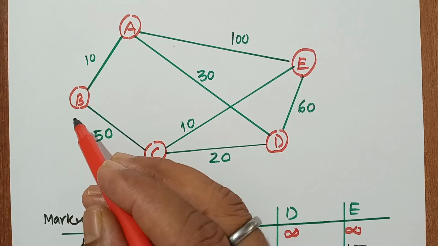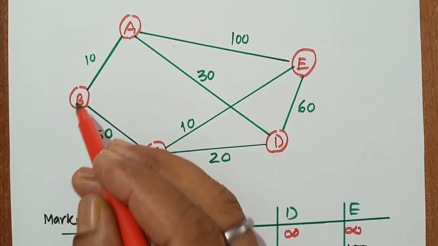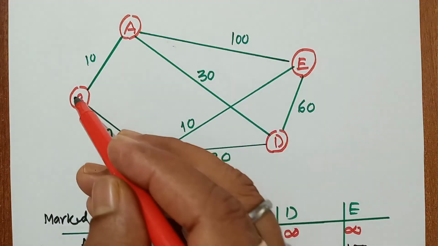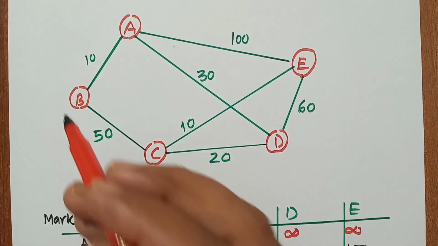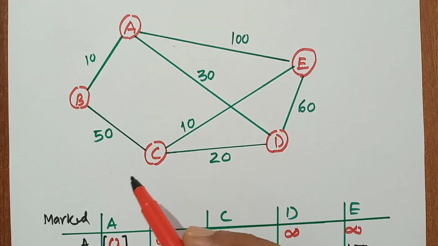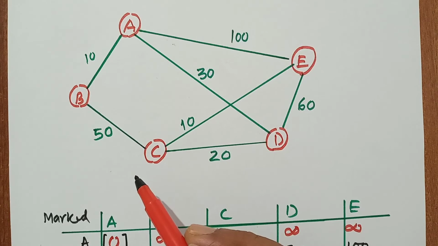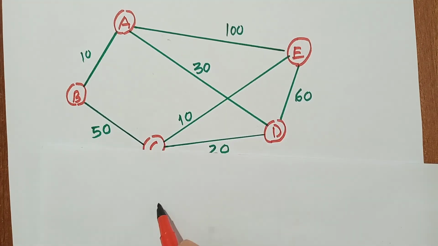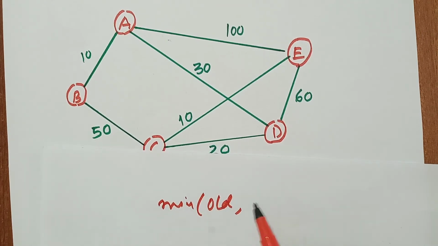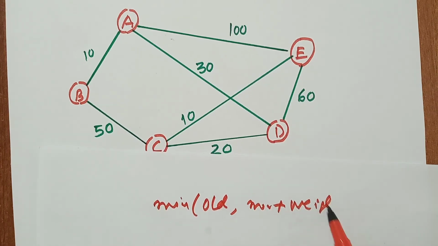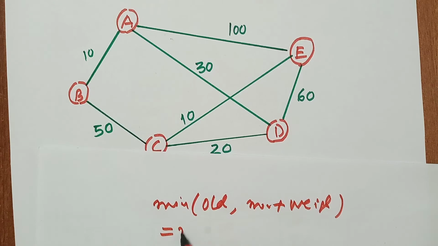How many vertices are directly connected to B? A and C. But A has been marked, so no need to touch A. We concentrate only on C. So for B to C, we will use the formula: minimum of old destination marked value plus weight.